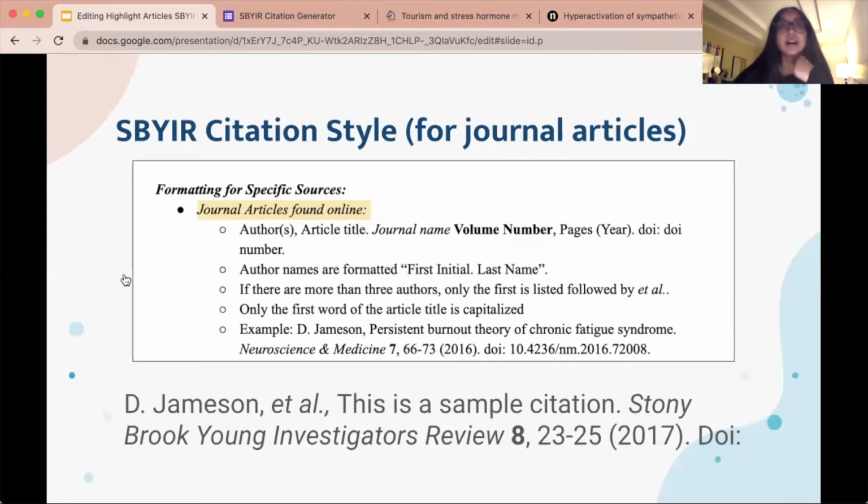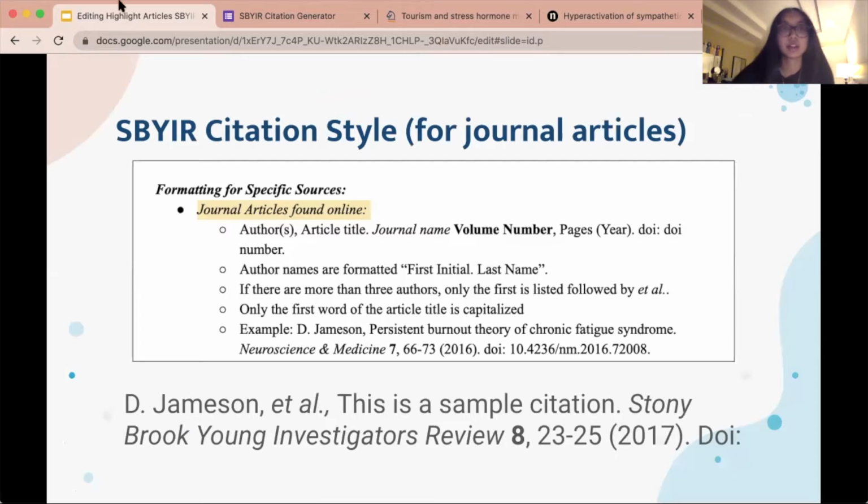So moving on. As I said, SBYIR has its own citation format, and depending on the type of media that you're using, the citation format will be a little bit different. But specifically for highlight writers and copy editors, journal articles are probably the most relevant form of media. So I'm going to briefly talk about the citation style for journal articles.